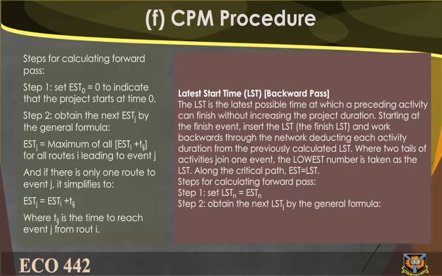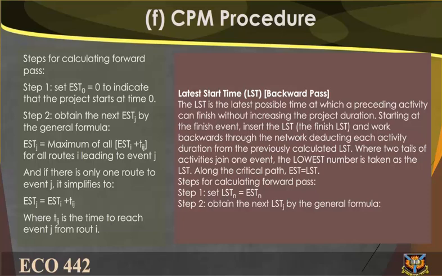Steps for calculating forward pass. Step 1. Set EST 0 equal to 0 to indicate that the project starts at time 0. Step 2. Obtain the next EST j by the general formula: EST j equals the maximum of all (EST i plus T ij) for all routes i leading to event j.